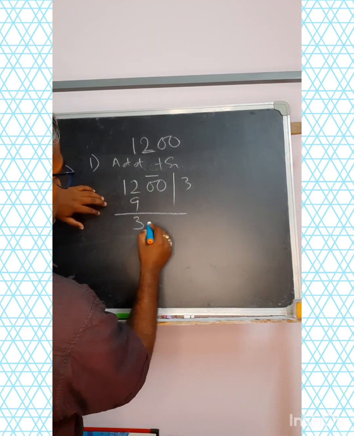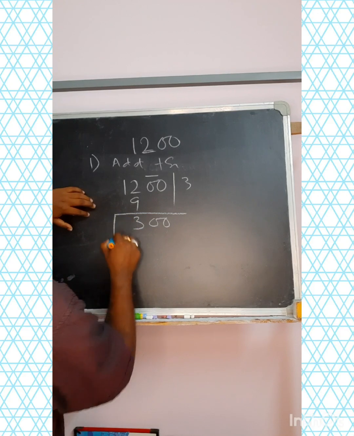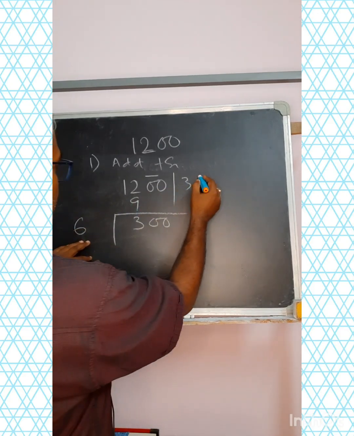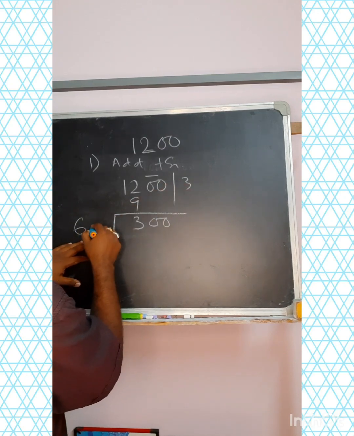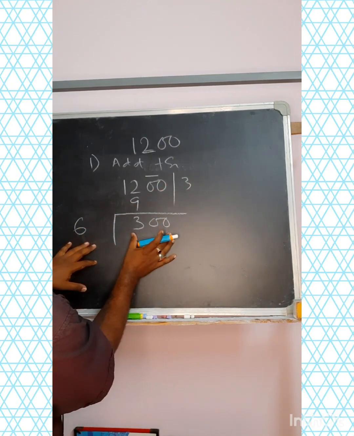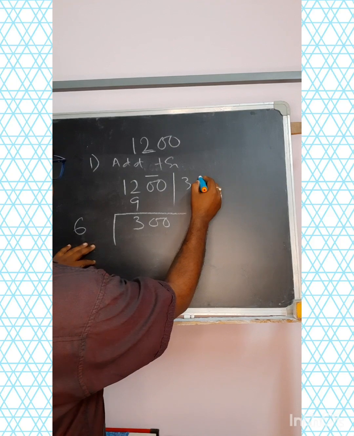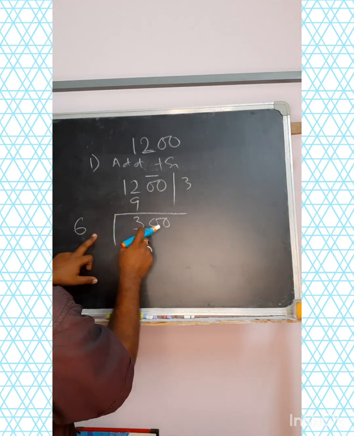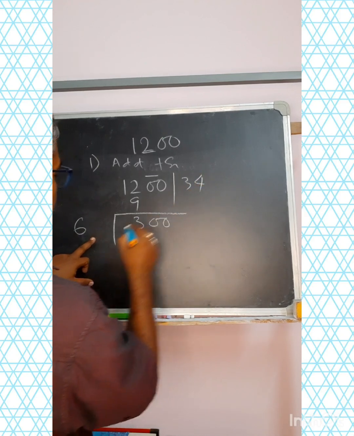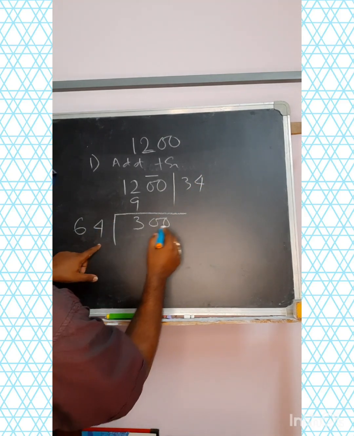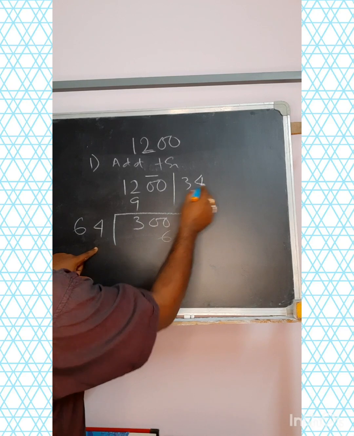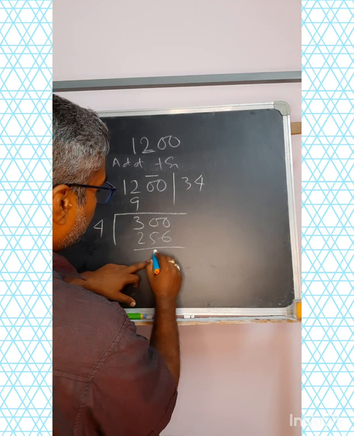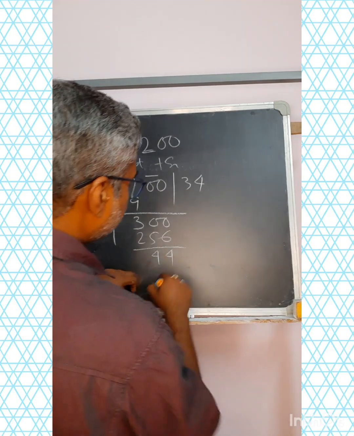The remaining is 3, and 0 will come down. A double will come here. So what would be the number? I will multiply to get just lesser or equal. If I take 5, 5 times 6 is 30, which will cross, so the maximum I can try is 4. So 4 4s are 16, 4 6 24, 25. So here the remaining number I find is 44.